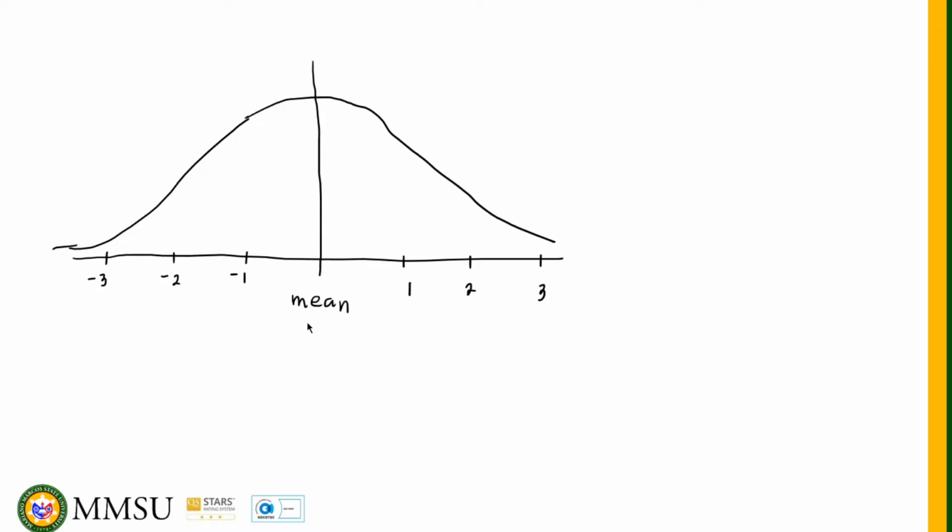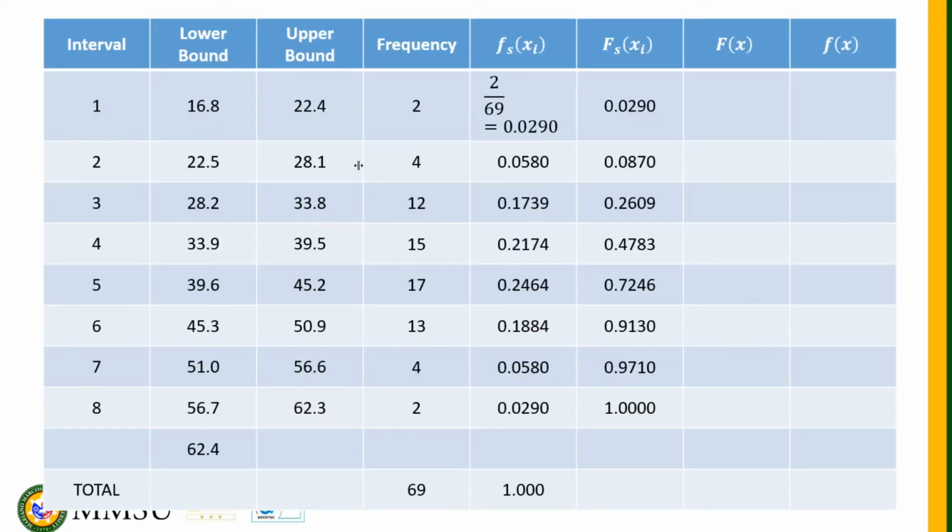What we will do in Excel is compute for the cumulative frequency distribution. If we go back to our table, we will use the upper bound, this 22.4.